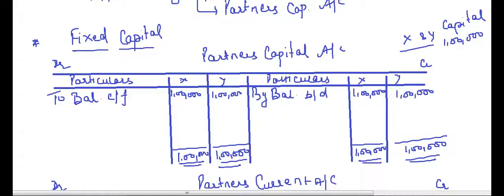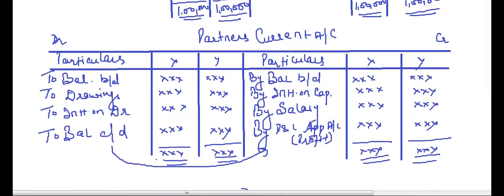Now, how will we deal with the appropriations? We have to record somewhere to get the partner's balance. We have to record the appropriations, the money that is distributed among the partners, right? To get the partner's balance, we have to record that. So for that, in the fixed capital method, we'll prepare the partner's current account.